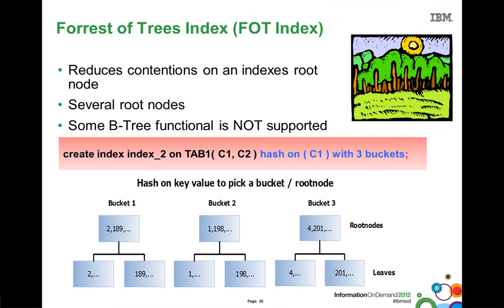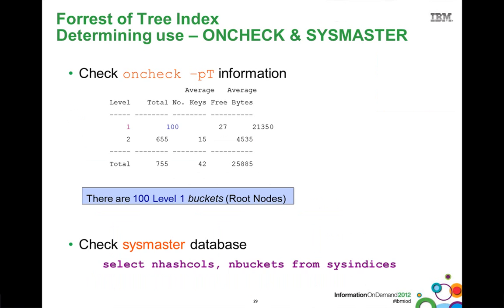One thing you will notice when you run an onCheck PT and look at the levels: in a traditional B-tree index, level 1 always has one page. Well, in this onCheck PT, level 1 has 100 pages. That means we have 100 buckets or 100 subtrees.